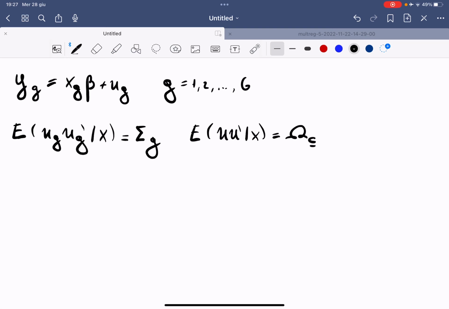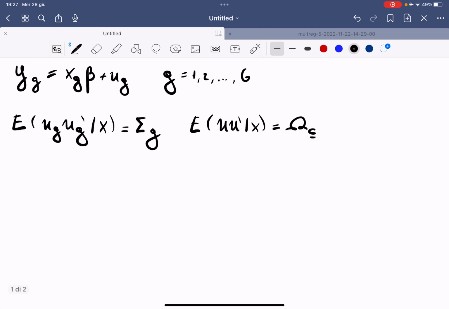This c stands, obviously, for clustering. So for every group there is an intra-cluster correlation. So the residuals within each cluster tend to be similar to each other.